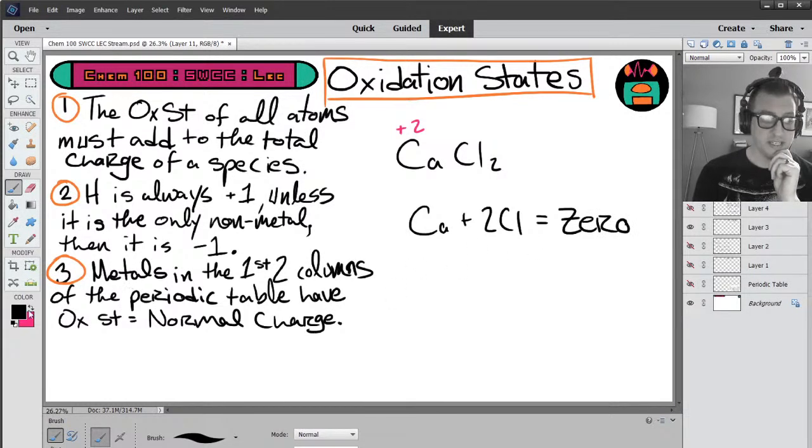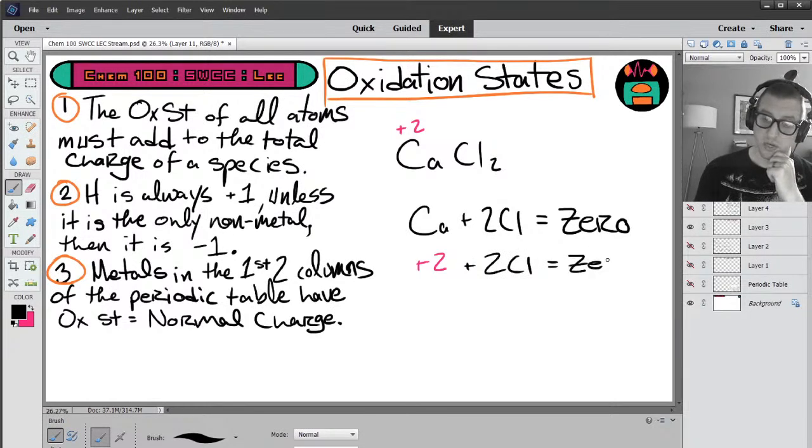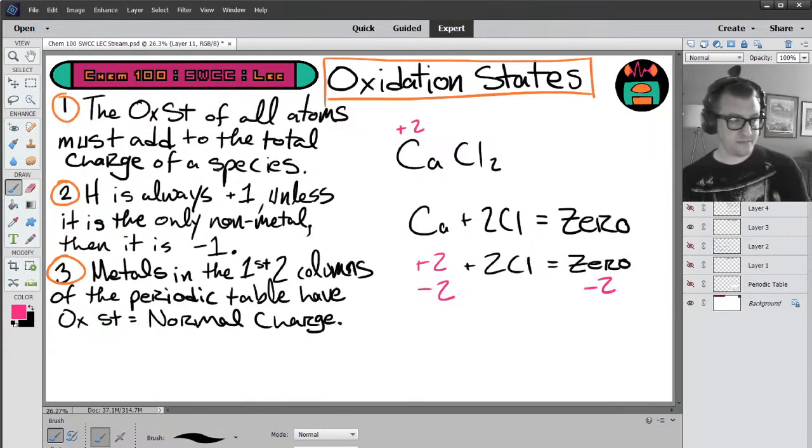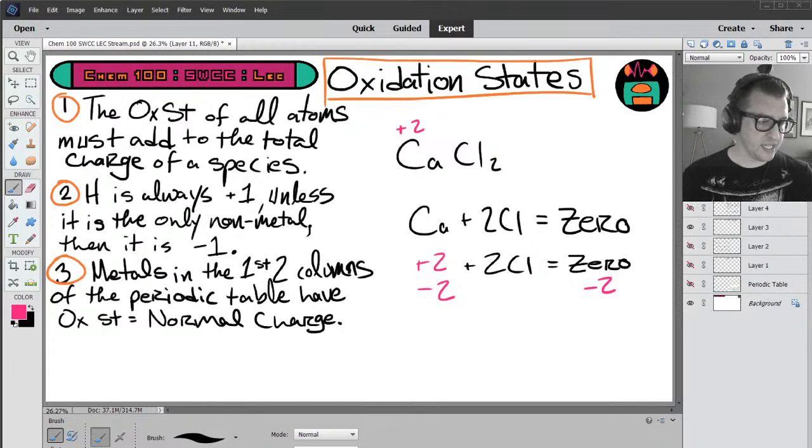Now, calcium has an oxidation state of +2 plus the oxidation state of both chlorines equals our total charge, which is 0. Next, we need to subtract 2 from both sides of this equation. Yep. Carolina, that is exactly correct.